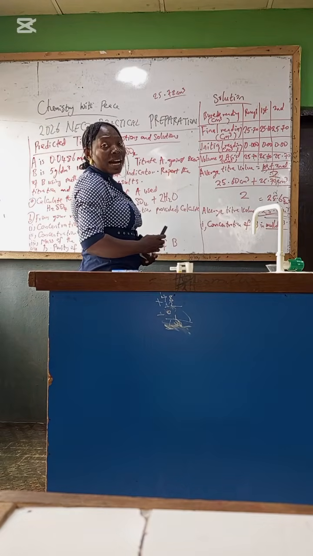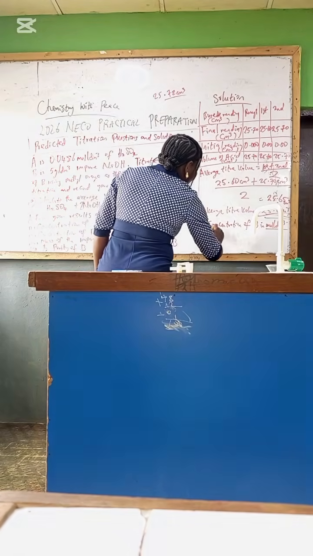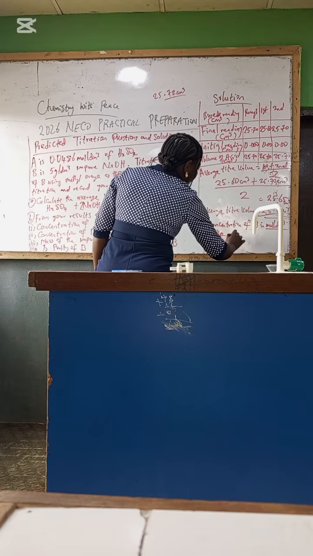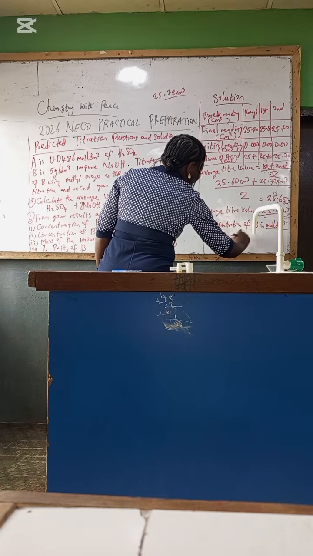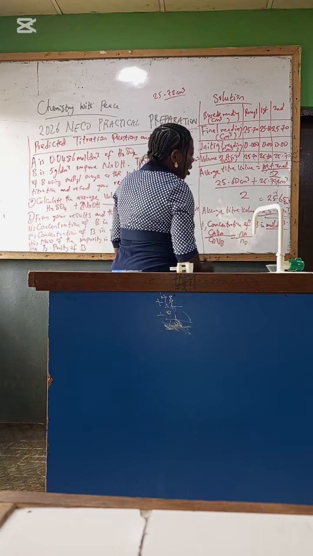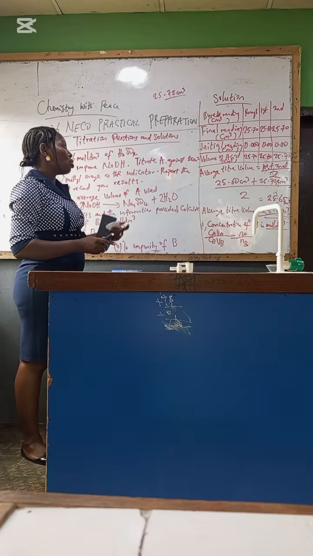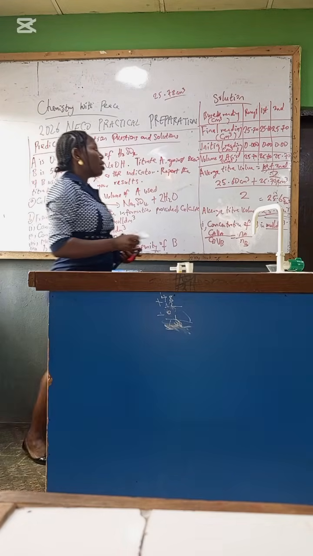And in solving that, I'll use the formula CA VA over CB VB equals NA over NB. So this is the formula I'm going to use to solve that particular question.